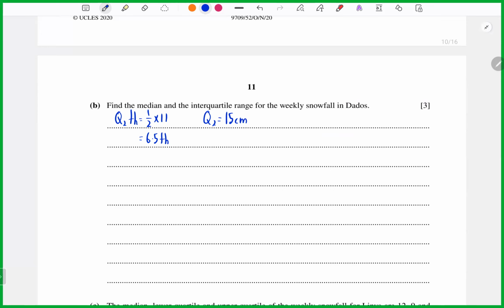And now we try looking at the upper and lower quartiles. So we see the Q3.